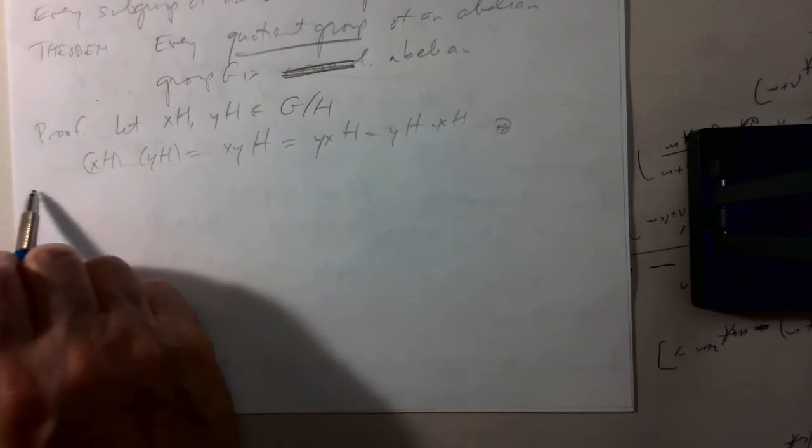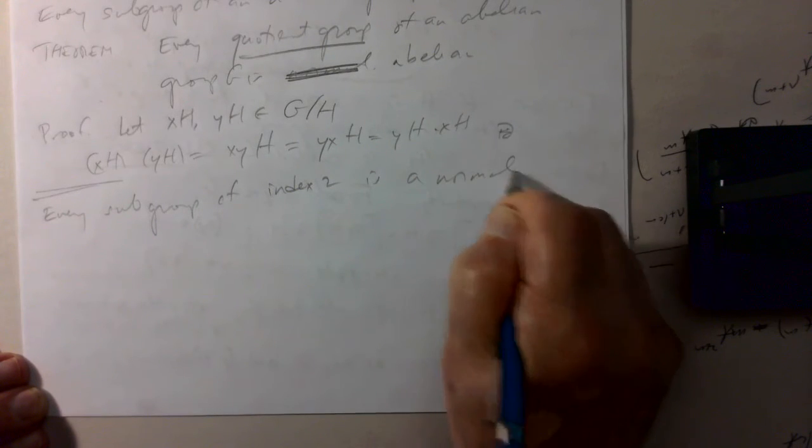We can make some other very nice observations. For example, every subgroup of index 2 is a normal subgroup.